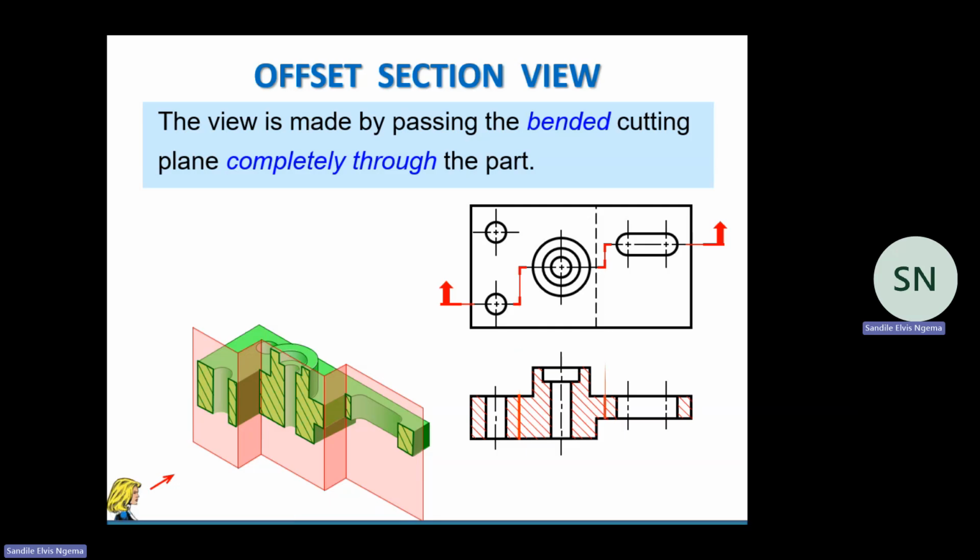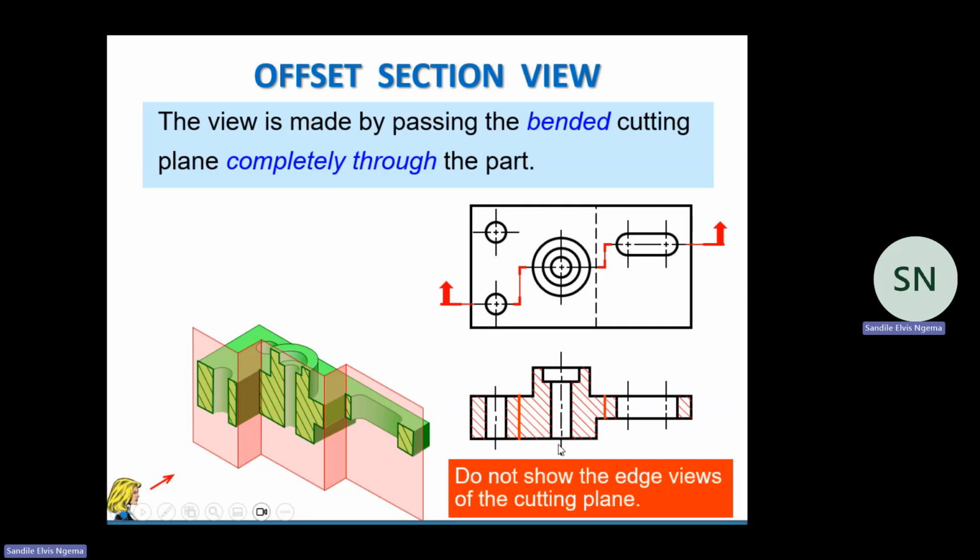Okay, so those lines here, they are not allowed. Okay, we cannot draw lines across sectional lines. That one is not allowed in engineering drawing. So that's why I've indicated that do not show the edge views of the cutting plane. All right.